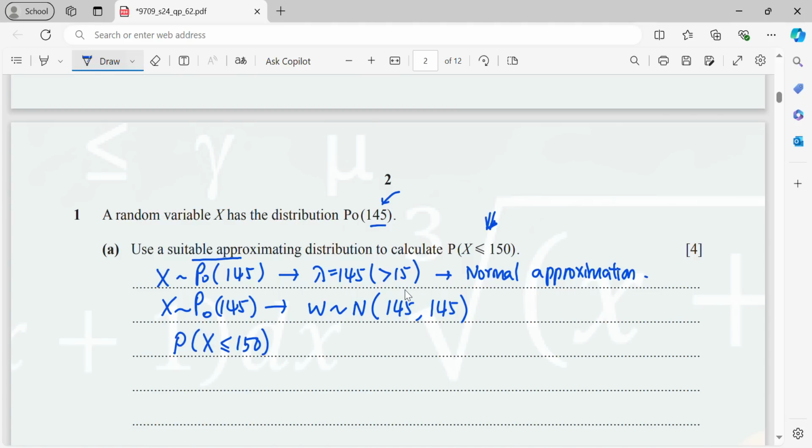Be careful with this because Poisson is for a discrete random variable, while the normal is for a continuous random variable. So from discrete to normal, we need to carry out the continuity correction. 150, less than or equal to, means it could be 150, 149, and so on.